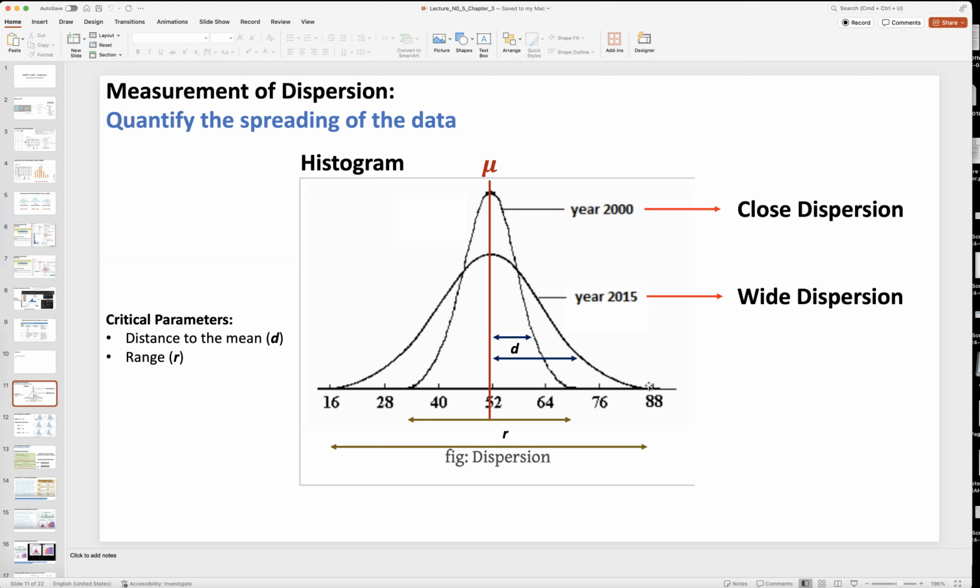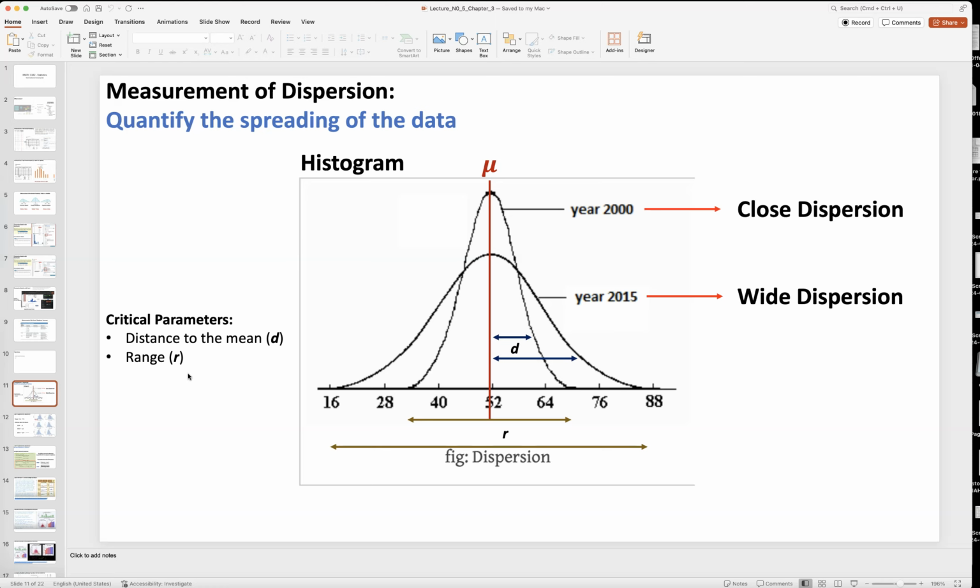One answer we can give is to look at the range of the data, that is, compare the distance between the lowest and the highest values. That gives me an idea of how dispersed the data is. If the range is very large, I might think the data is very spread out.